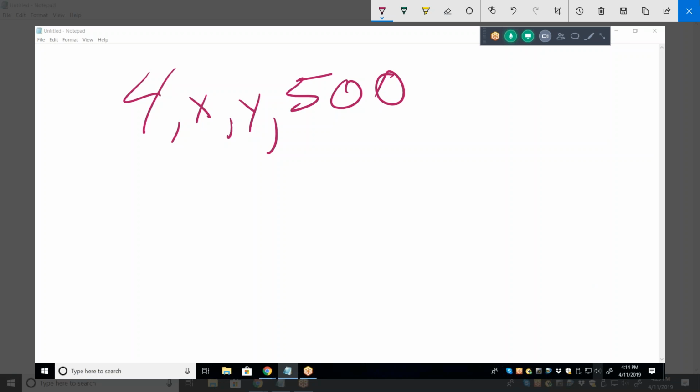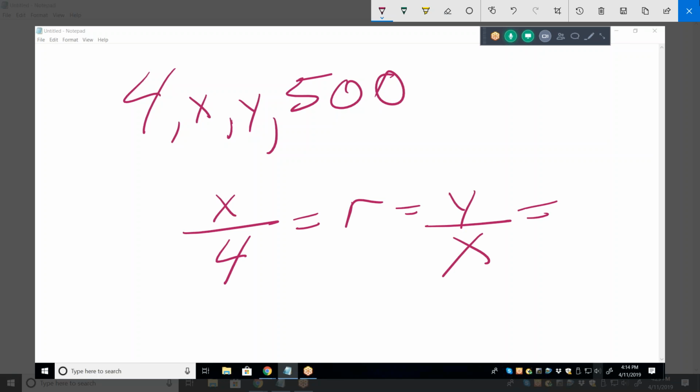So what we need is x divided by 4 is the common ratio. And that is the same as y divided by x, which is the same as 500 divided by y.